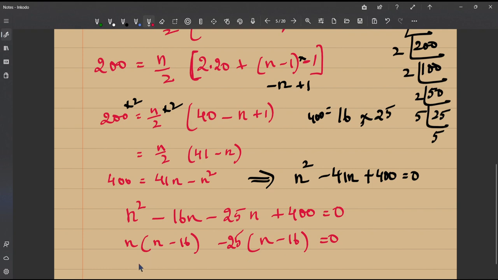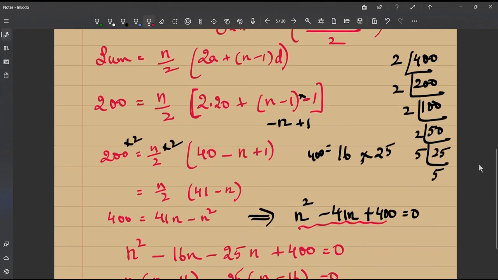So now we have n minus 16 and n minus 25 as the factors of this particular equation, right? Or n is either equal to 16 or equal to 25.